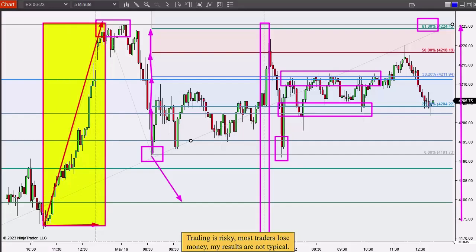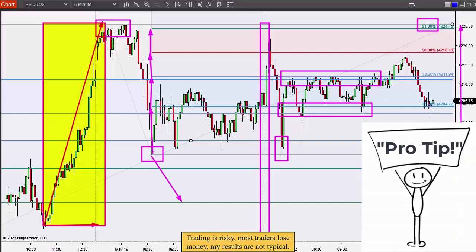Hey, little pro tip here. If you are scanning, and this is a very, very common and horrible practice that amateur traders do all the time, they'll use a scanner to find high volatility moves in the market, thinking that the scanner will give me some results of a market really hauling, and therefore I will catch big moves.